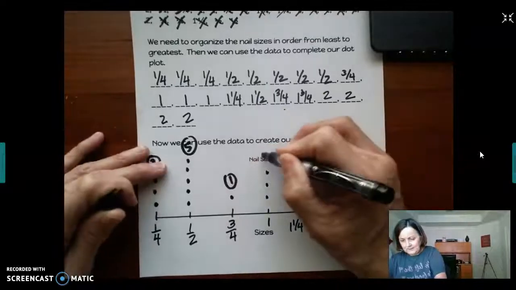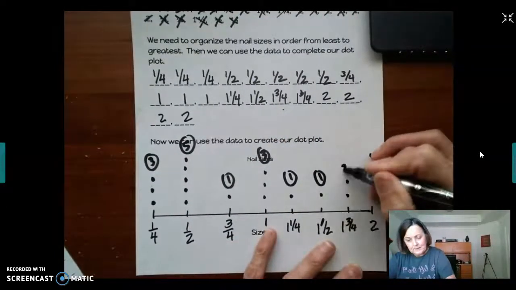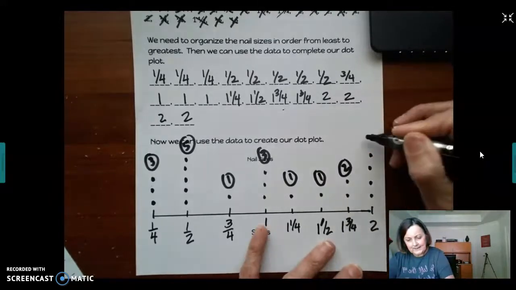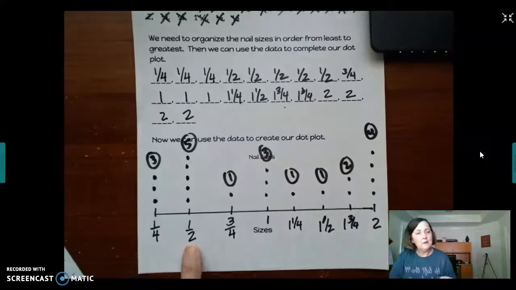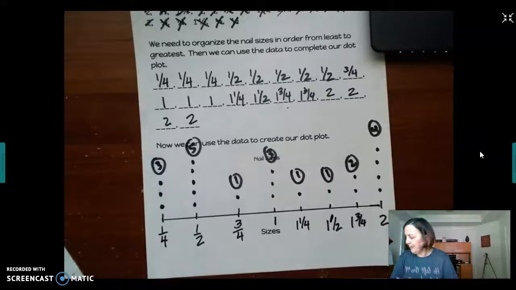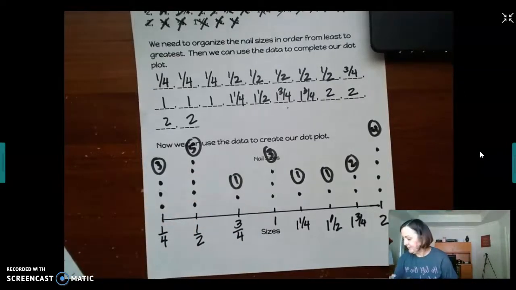That's 1, 3, 1, 1, 2, and this has 4. So which one occurred most frequently? The nail size, 1/2 of an inch. Okay. And it says how many nails were plotted for this measurement? Well, we have 5 nails plotted.